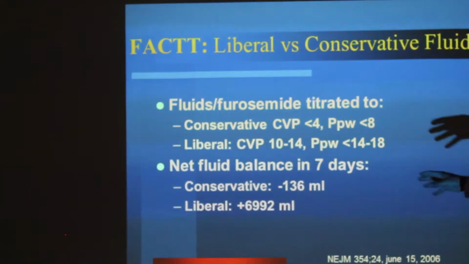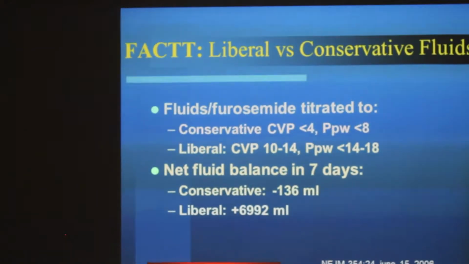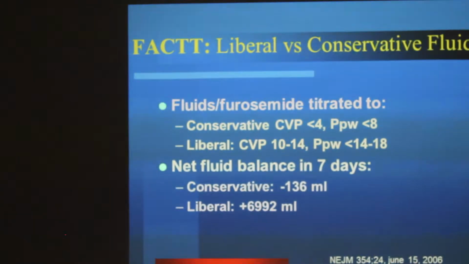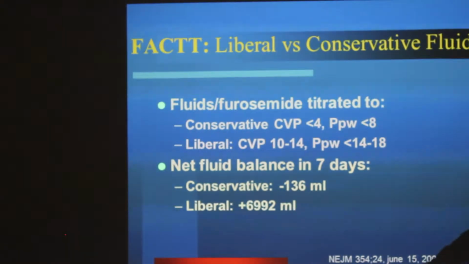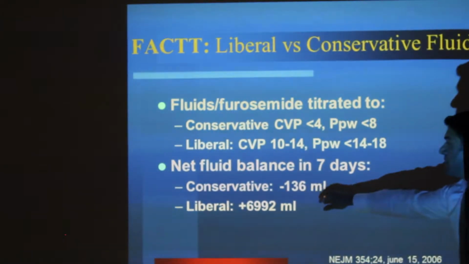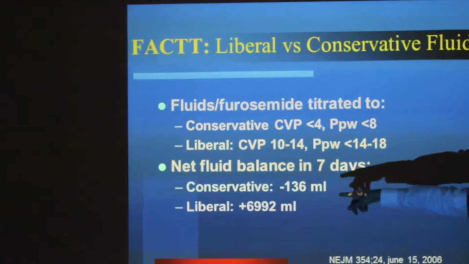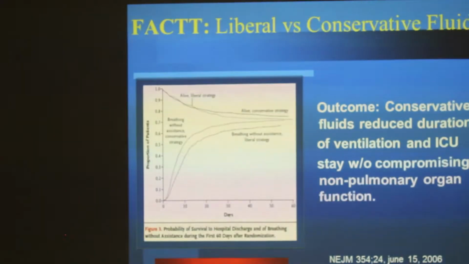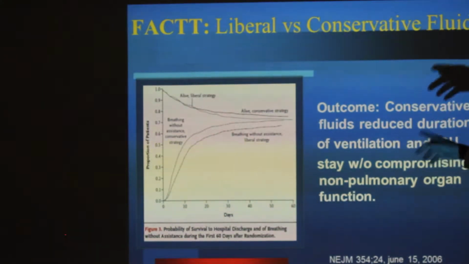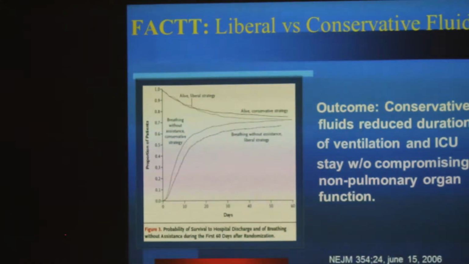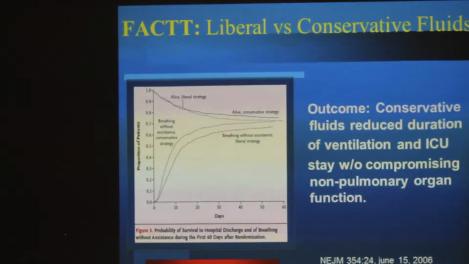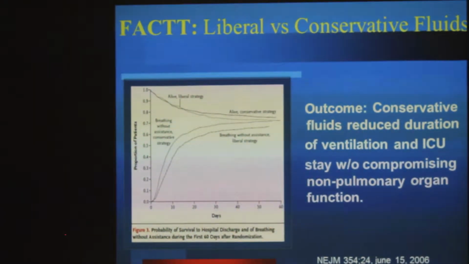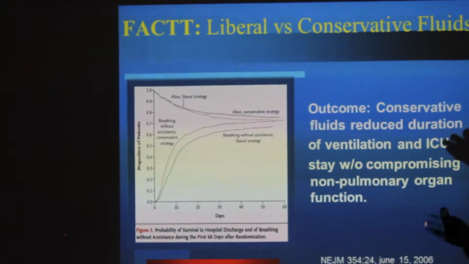If you look at the net cumulative balance at 7 days, the conservative was negative, and the liberal was positive, close to 7 liters. So what happened here? When you look at the Kaplan-Meier curve, the outcome was that conservative fluid reduced the duration of ventilation and ICU stay without compromising non-pulmonary organ function.